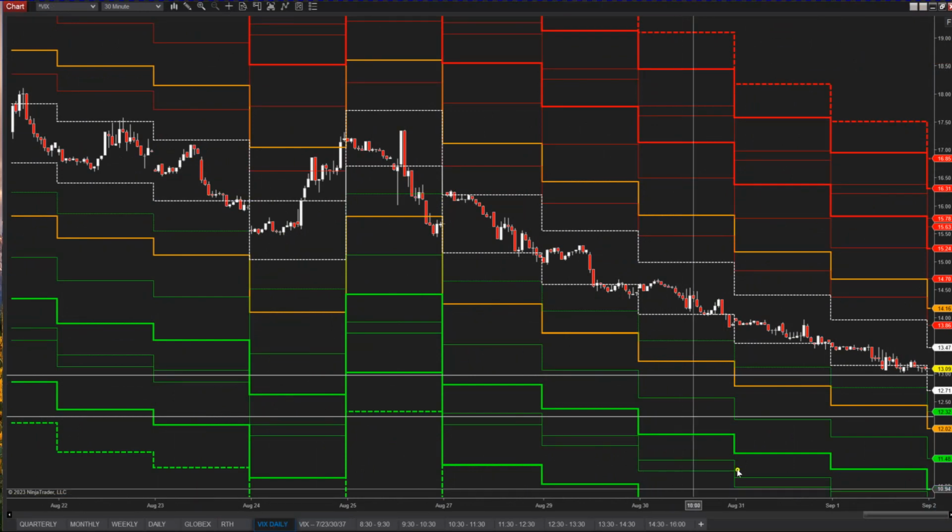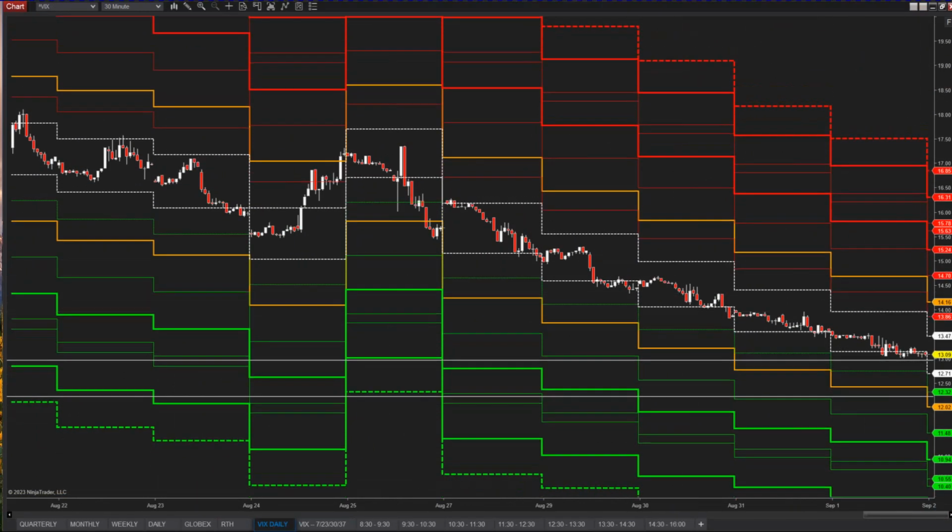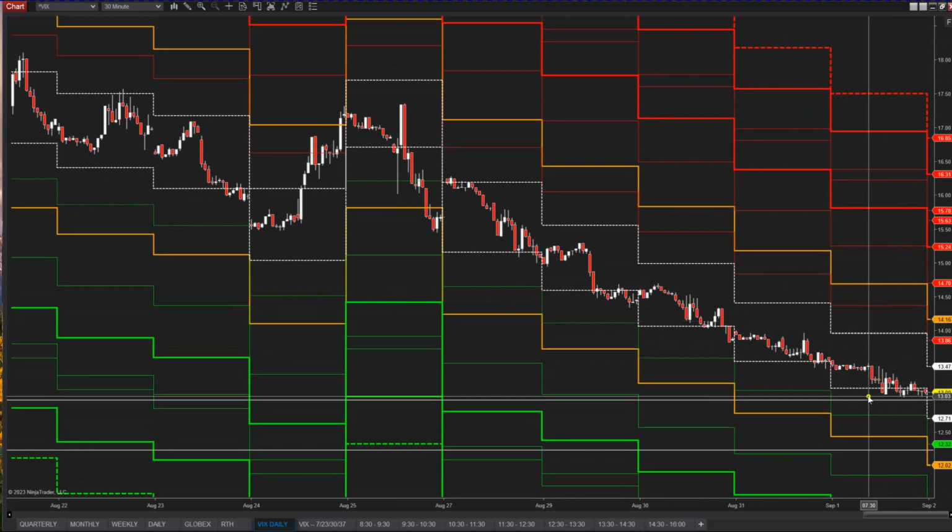All right, so the VIX daily is the lowest it has been since 2019. We stopped at 13, which I'd been tweeting out that 1317, 1310 was going to be the end of the line. Then I even dropped it to 13.03, and that's pretty much where it went.